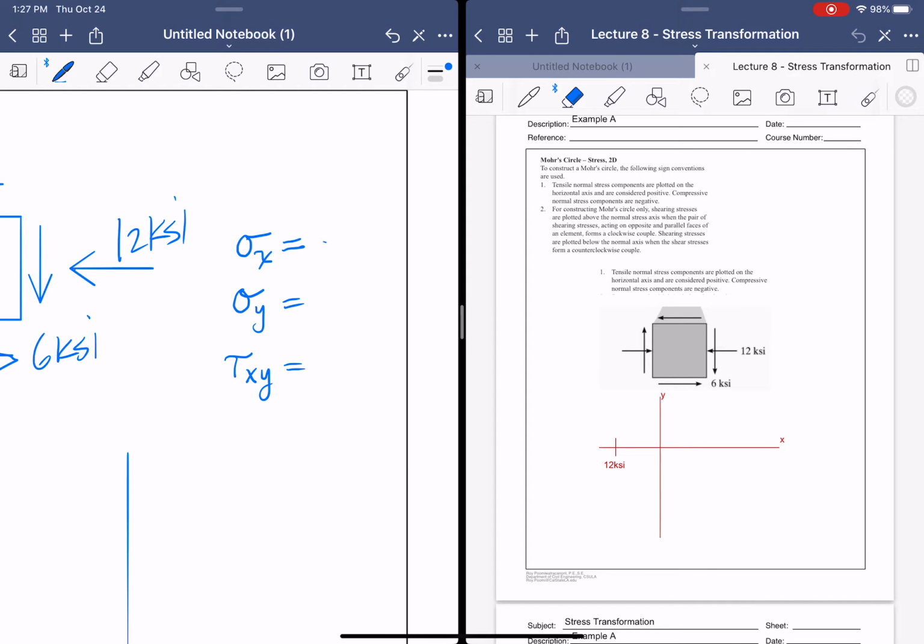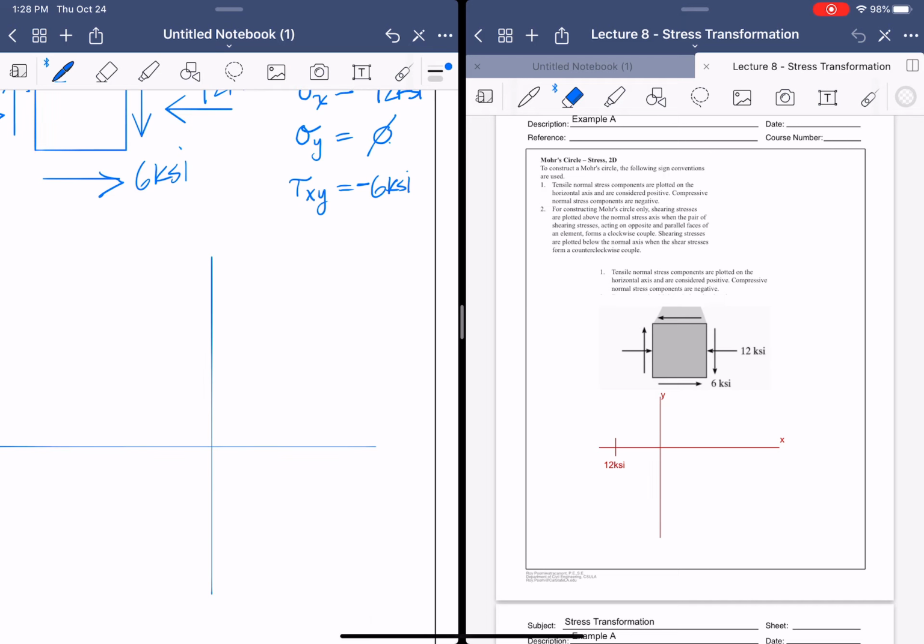So what is sigma x? Sigma x is equal to negative 12 KSI. Sigma y is actually 0 in this case, right? And then when we're looking at tau xy, which is 6 KSI, that's actually a negative, okay?